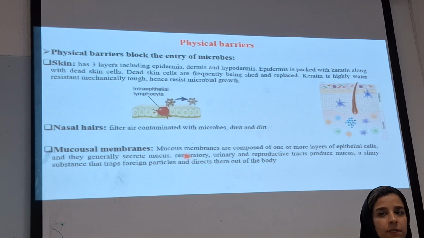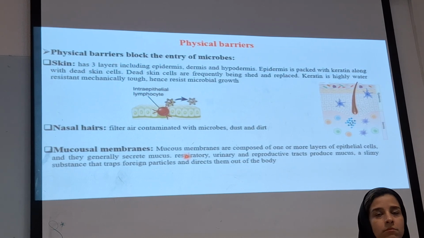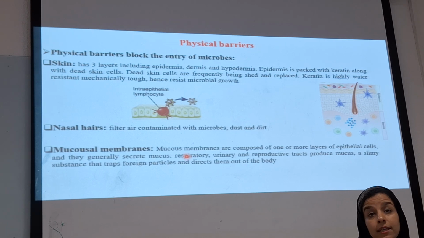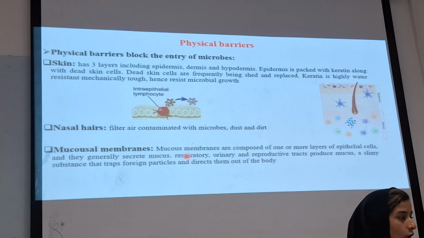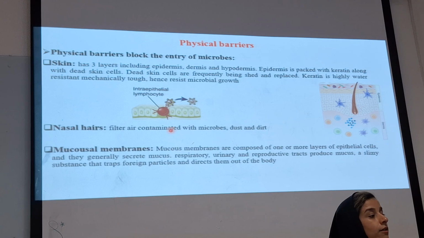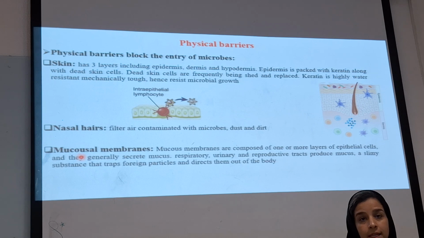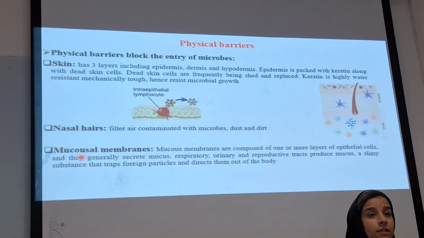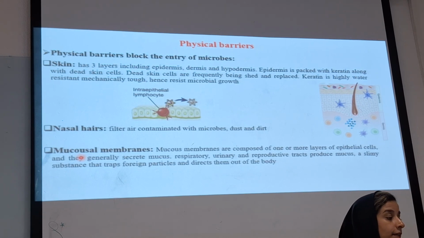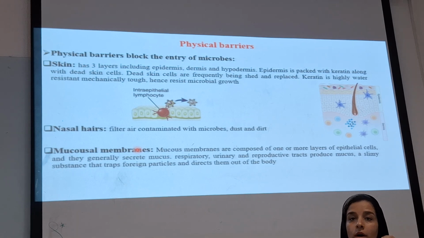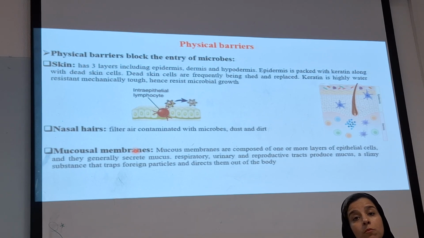And let's go back to physical barriers, the first line of defense in the innate immune system. As you are seeing, skin, nasal hairs, and mucosal membranes in the reproductive system, respiratory tract, urinary tract, and also in the gastrointestinal tract, all of them are types of physical barriers.